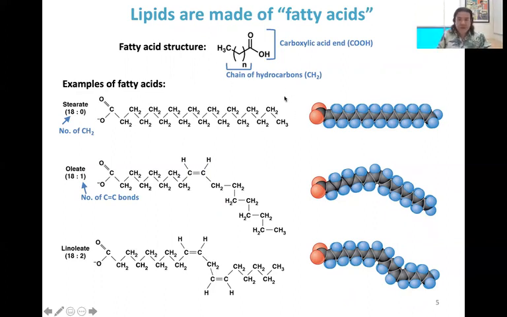So fatty acids, this is the structure of a fatty acid. You'd have a long chain of hydrocarbons. Here I say a chain of CH2s, but the reason I only write CH2 is to make sure you realize it's not just carbons. It's carbons associated with hydrogens on them. It doesn't have to be 2 hydrogens, but I just wanted to remind you that it's not just a naked chain of carbons.